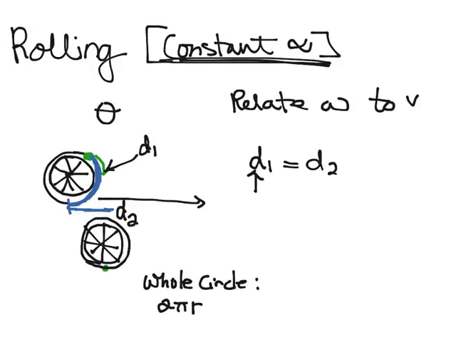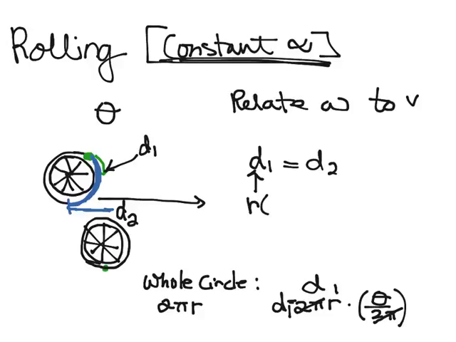For an angle theta, the distance we've traveled, so that's D1, should be 2 pi r times the fraction of the circle we've gone around, so that's theta divided by the radians around a circle, which we all know is 2 pi. So actually the distance we've traveled is r times theta. So I know that r times theta is the distance that I've gone.